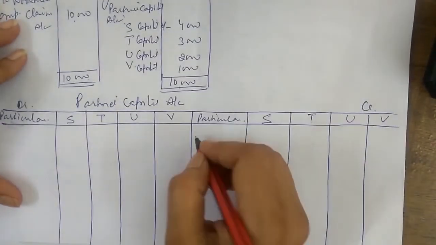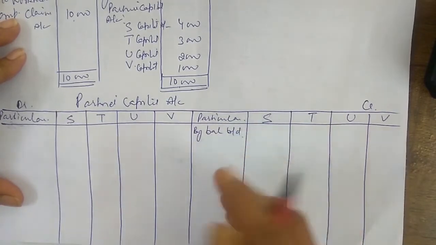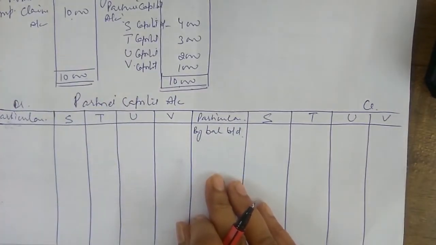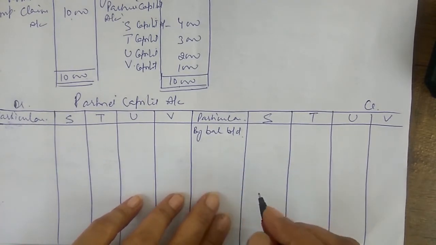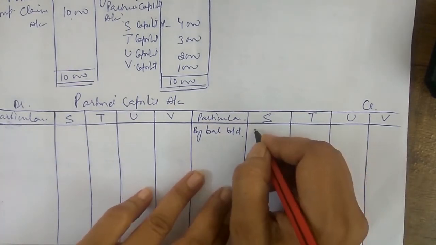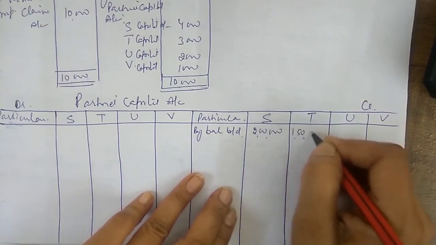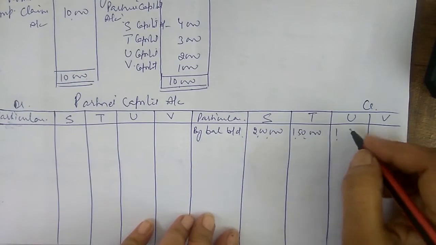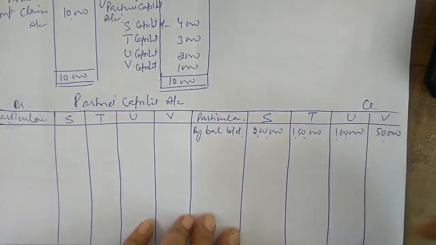Okay, we used to write the opening balance first by balance brought down. In this question it is also given what is the opening balance of STUV: 2 lakh, 1,50,000, 1 lakh and 50,000. So very first step, 2 lakh, 1,50,000, 1 lakh and lastly we have 50,000.